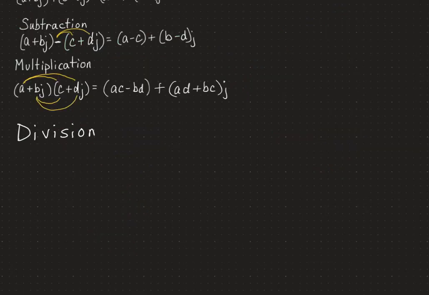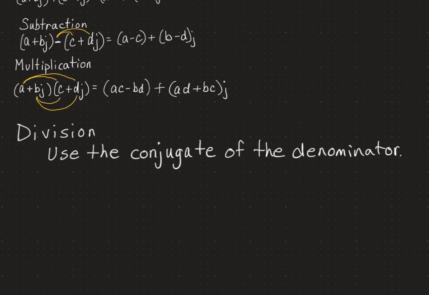Division with complex numbers is similar to rationalizing denominators in that we're going to use the conjugate, the conjugate of the denominator, the divisor. So if we are taking this complex number, a plus bj, and dividing by c plus dj, we are going to perform that division by multiplying by the conjugate of the denominator.